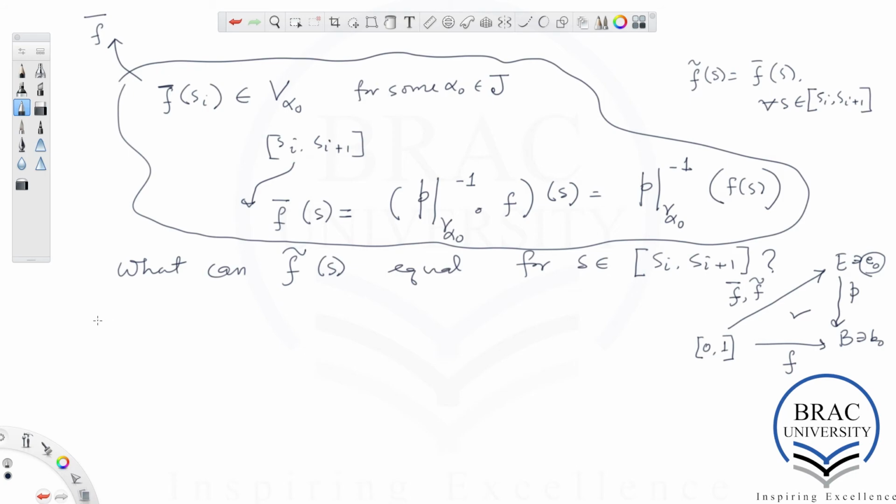So we have previously seen that the image of this closed interval under F is contained in U sub x for some x in B, for a given i in this finite set.